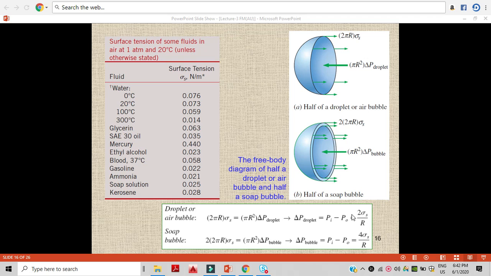By controlling this, we can control the size and shape of the water droplets as well as the soap droplets. So in the first case, we are considering a water droplet or air bubble.